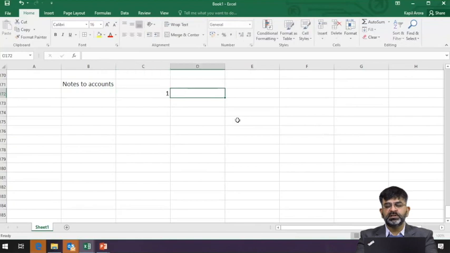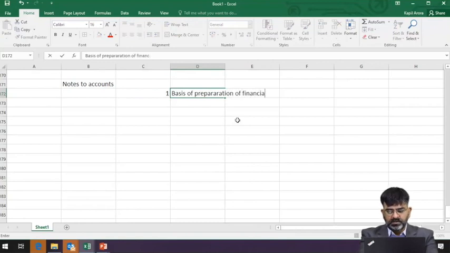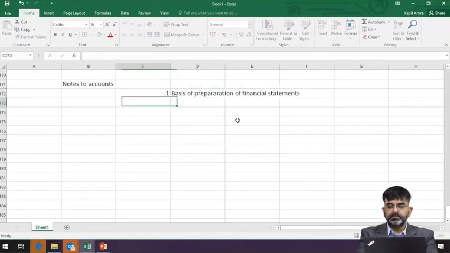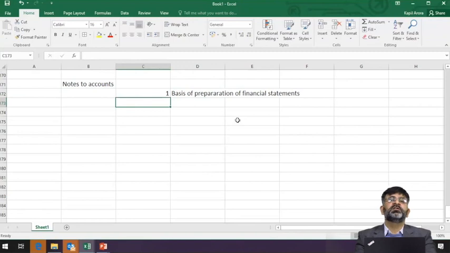The first note talks about the basis of preparation of financial statements.